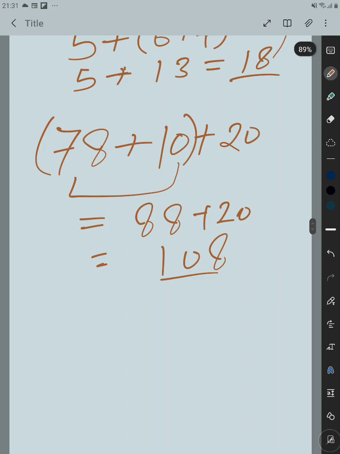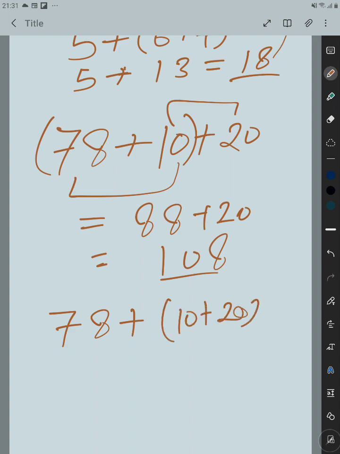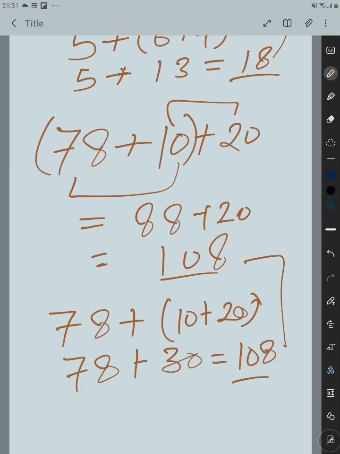Now we associate the last two, without changing the order: 78 plus 30. What will the answer be? It is 108, the same answer.